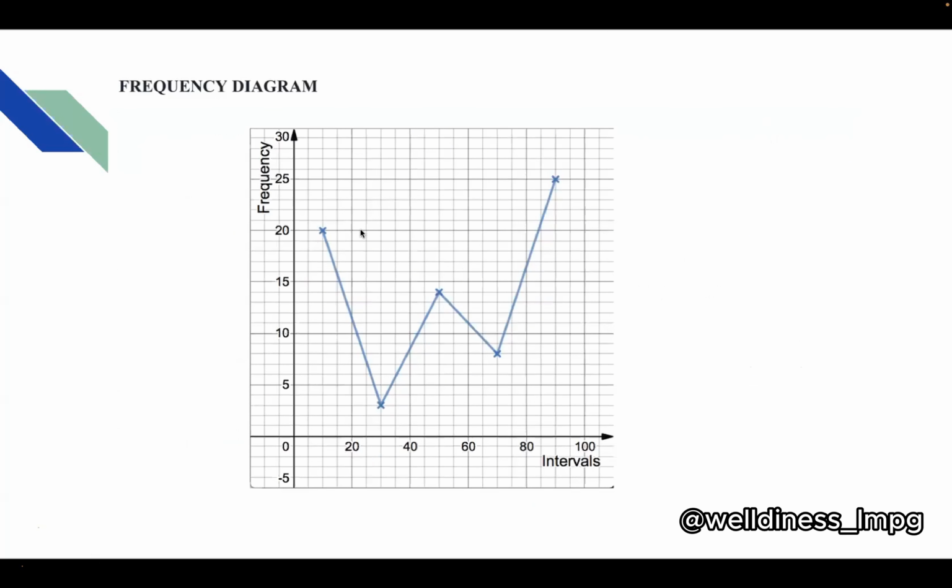So this is an example of a frequency diagram. As you can see, the intervals go 20, 40, 60, 80. So that's a difference of 20 per interval. Looking at this diagram, what can we say is the highest point on this frequency diagram?